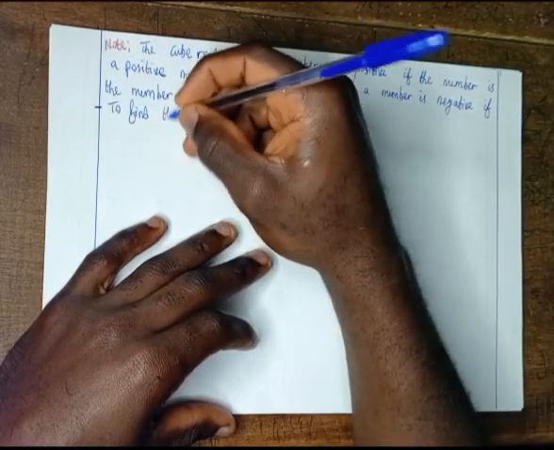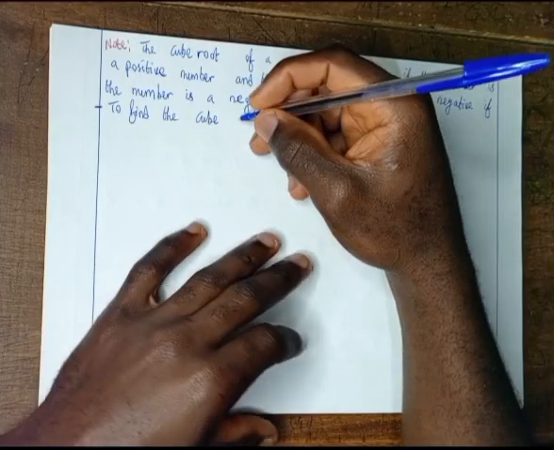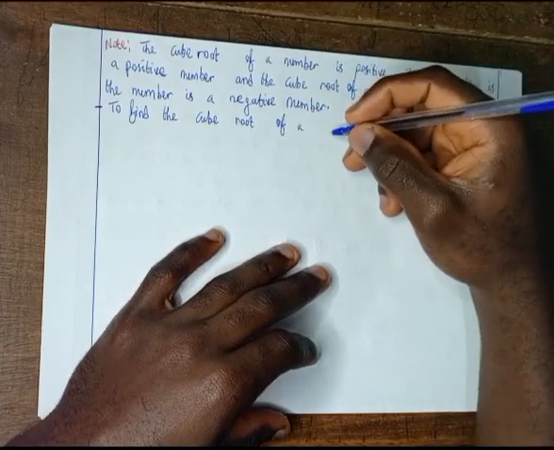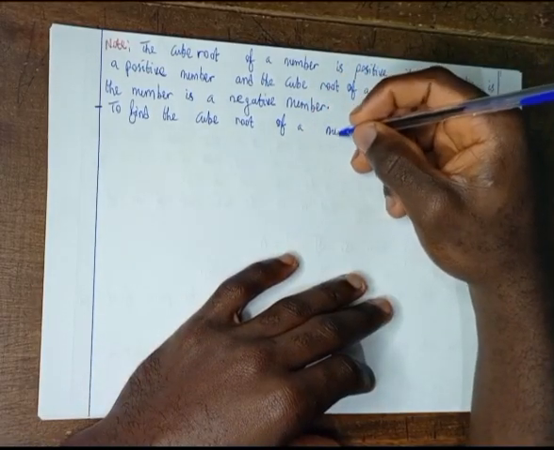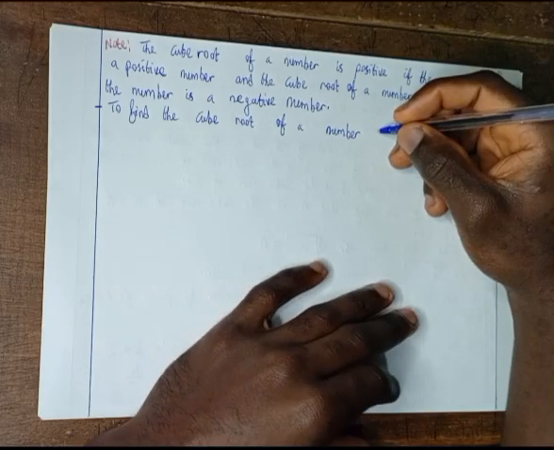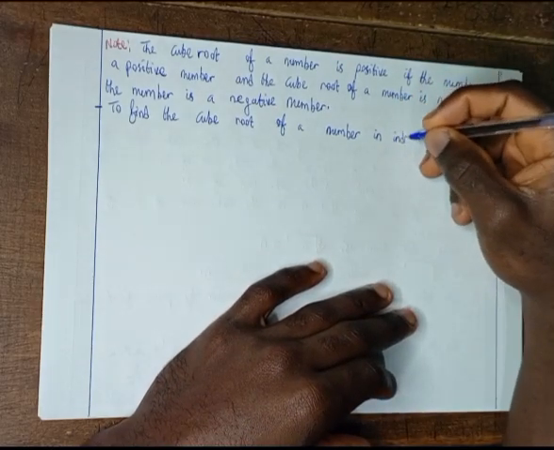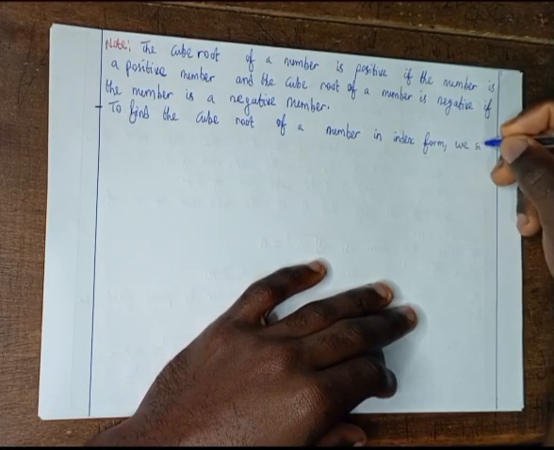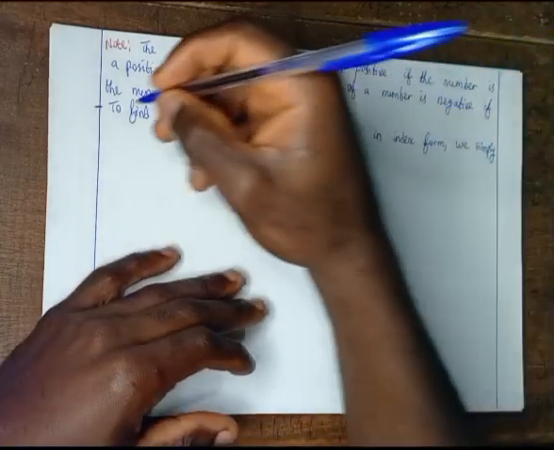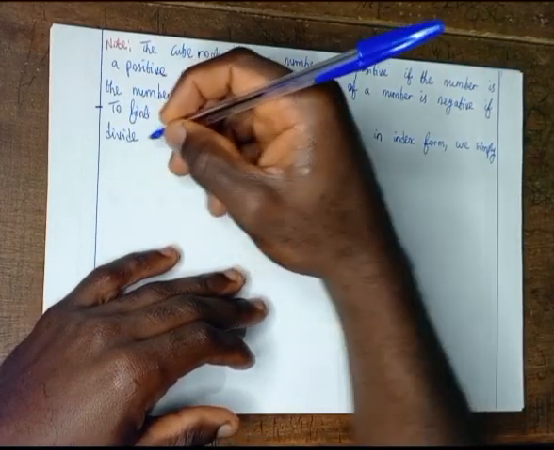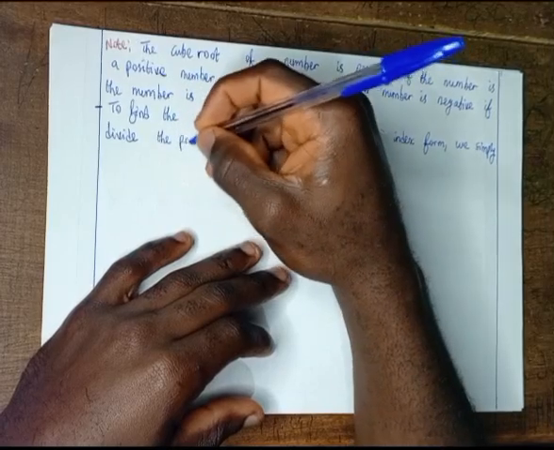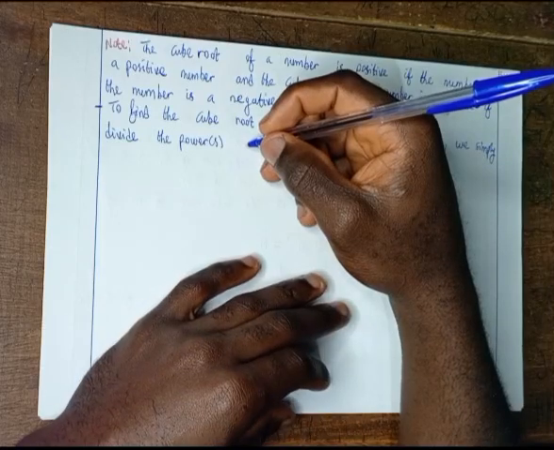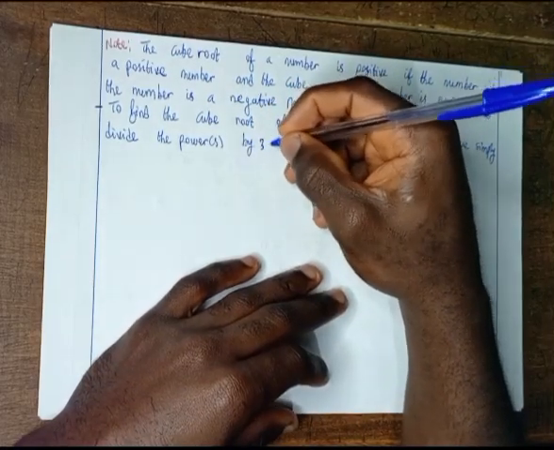To find the cube root of a number in index form, we simply divide the power or powers, it depends on how many prime factors we have, by 3.